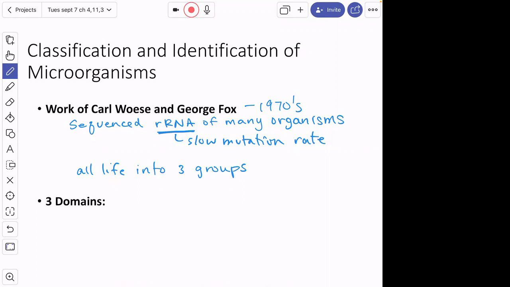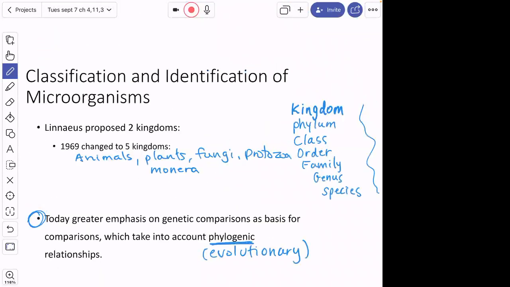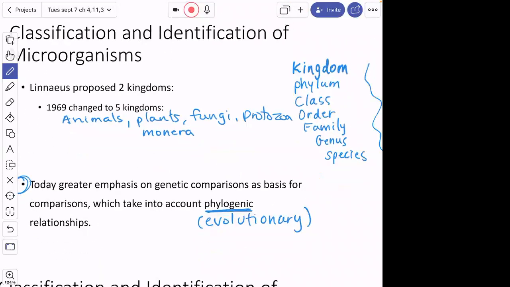Okay, so he advocated there should be three domains of life: the bacteria, the archaea, and then the eukarya. Okay, so if we go back to our hierarchy here, he said, okay, let's put something above kingdom here, domain. And that's the accepted hierarchy now.